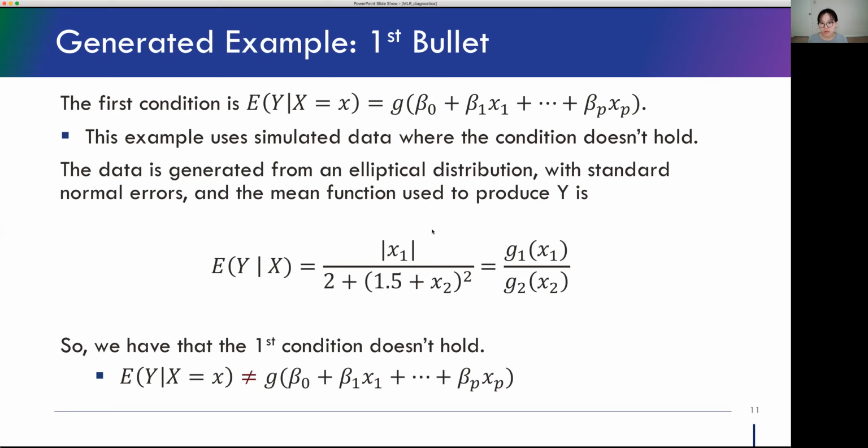We use the mean function to produce y. So clearly this is not a linear relationship. We have this G1, the absolute value of x1, and we have a function G2 with respect to x2. So clearly this is not the case, and this is how we generate the data. And so the first condition does not hold.